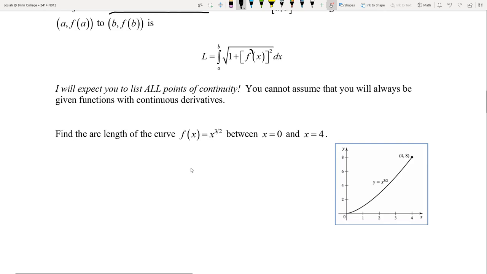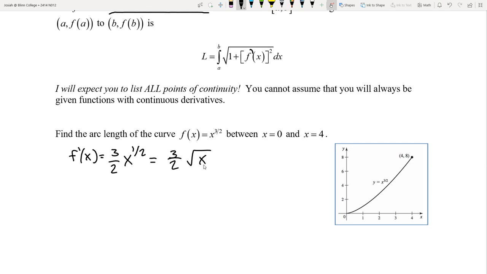So we'll go ahead and find the arc length of this curve. The first thing we need to do is find the first derivative. It's a power rule, so 3/2 x, and we subtract 1 from 3/2, and so that's our first derivative. It's going to be 3/2 root x. We'll go ahead and talk about the continuity.